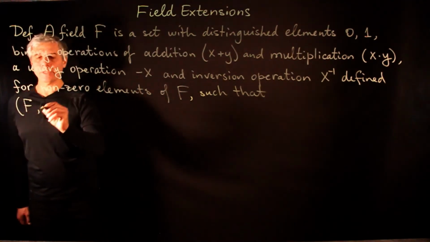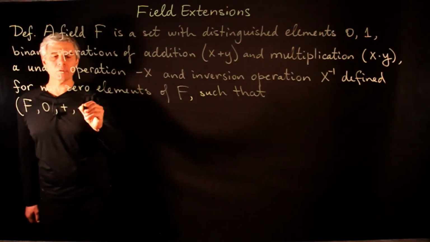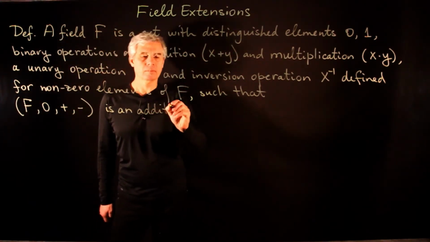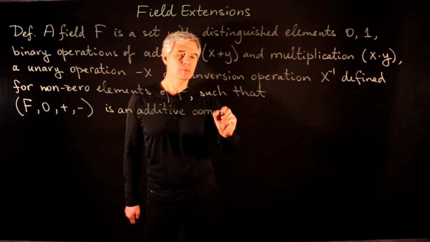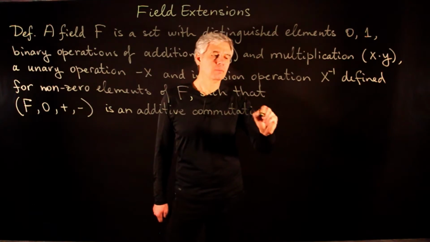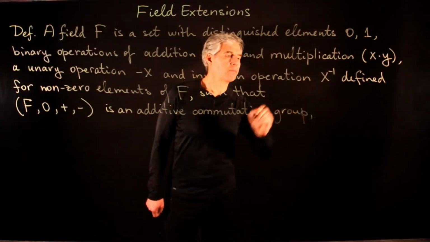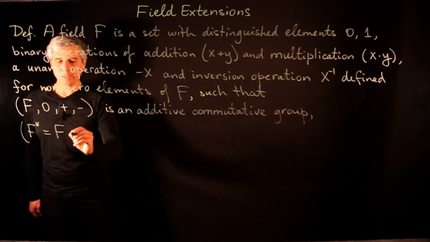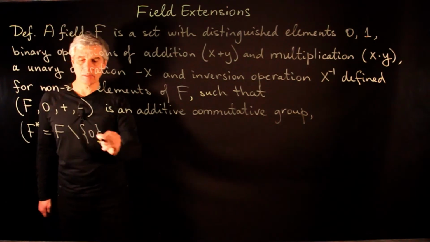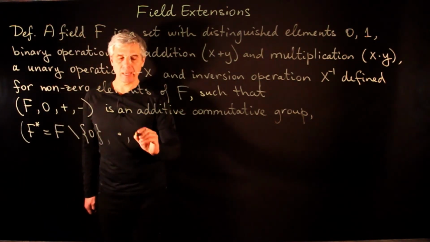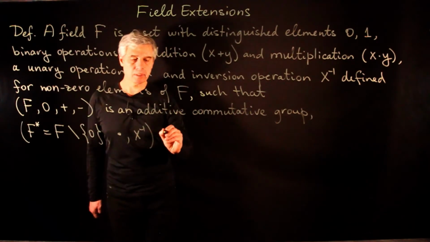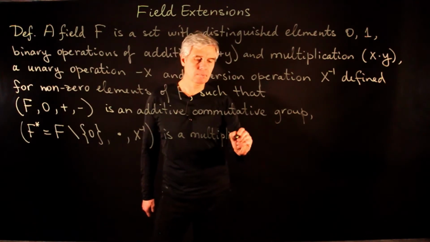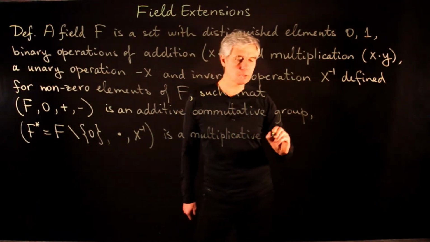F with a zero element, addition and unary minus is an additive commutative group, then F star, which is F without the zero element, with multiplication and inversion, is a multiplicative commutative group.